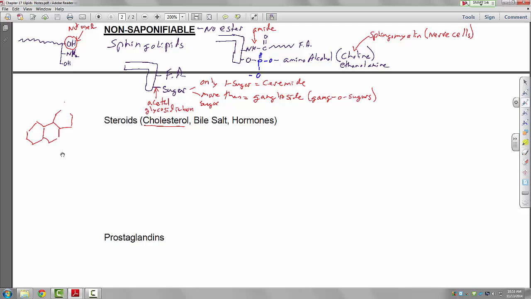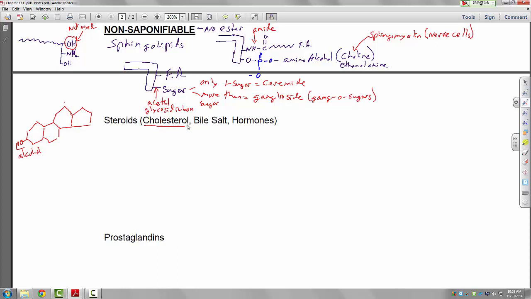Here and the cyclopentane there. Okay, so there we go. So cyclohexane, cyclohexane, cyclohexane, cyclopentane all fused together, and there's an alcohol down here. Alcohol is what makes this thing end in OL.